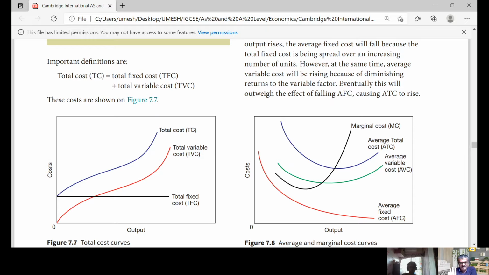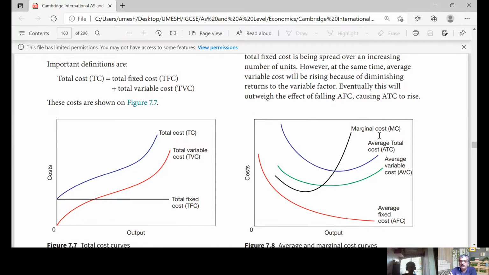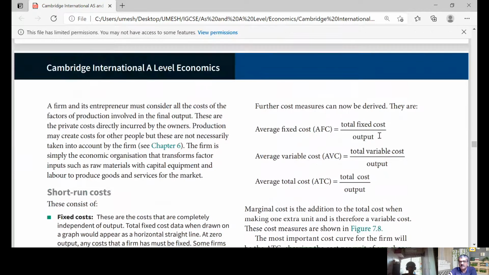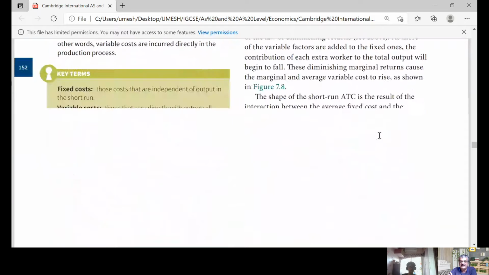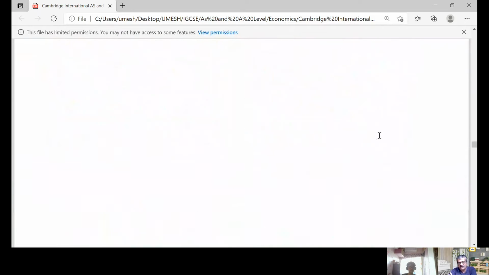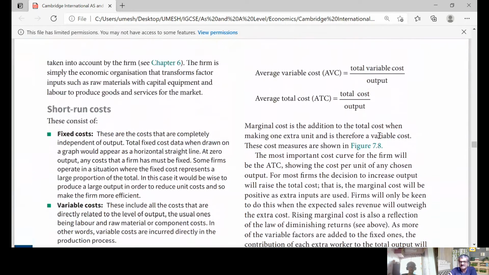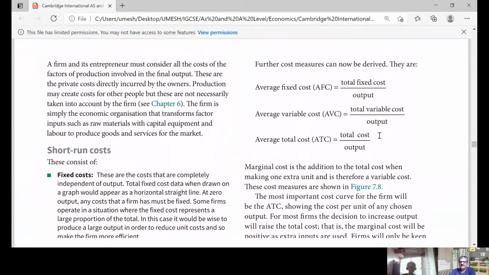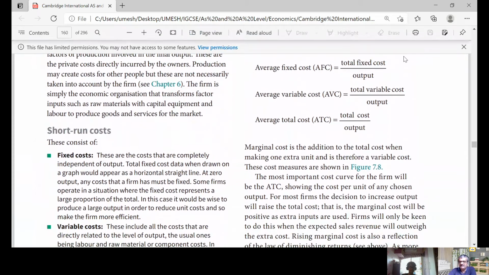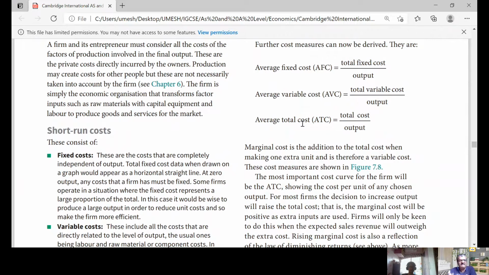Got it? Okay. Now coming to another part which you are always going to talk about whenever you are talking about any prices, any cost. That is, further cost measures can be derived. They are average fixed cost, average variable cost, and average total cost.